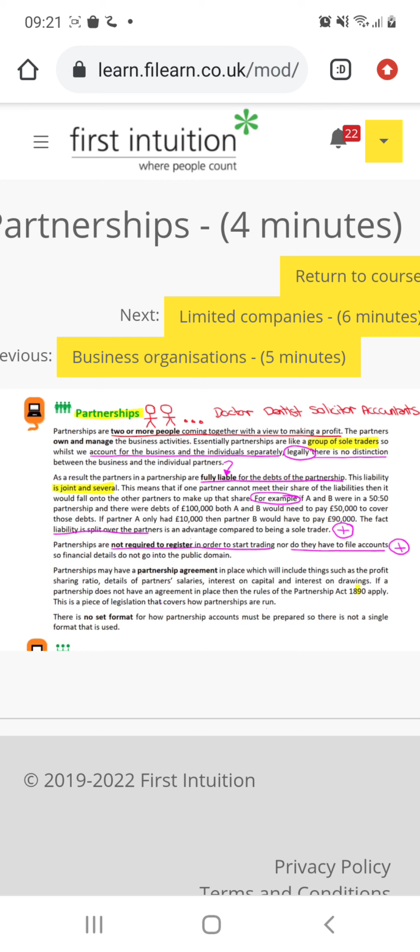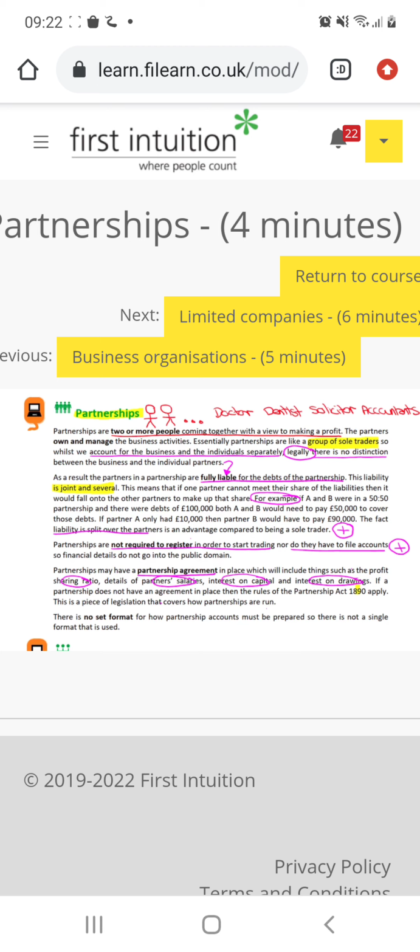Partnerships may have a partnership agreement. It'll include things such as the profit sharing ratio, details of any partner's salaries, interest on capital put into the business, and any interest on drawings, money taken out of the business.